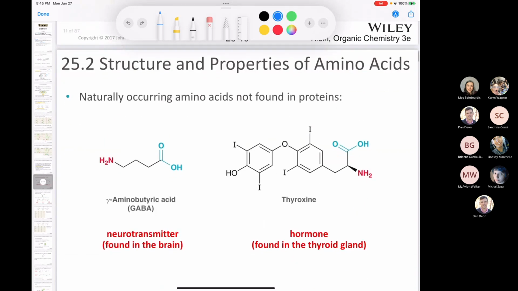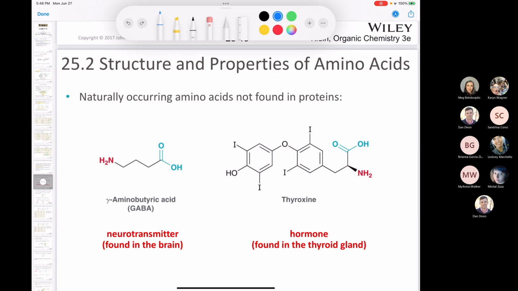Like I told you, there's all kinds of amino acids that aren't alpha amino acids. For example, GABA, which is a neurotransmitter found in the brain, gamma aminobutyric acid. It's an amino acid, but it's not an alpha amino acid. Or thyroxine, which is found in the thyroid gland, is also an amino acid, but it's not an alpha amino acid.